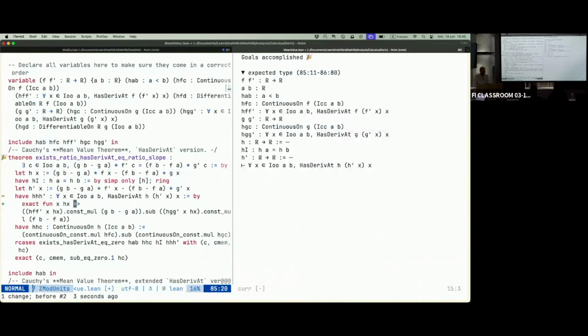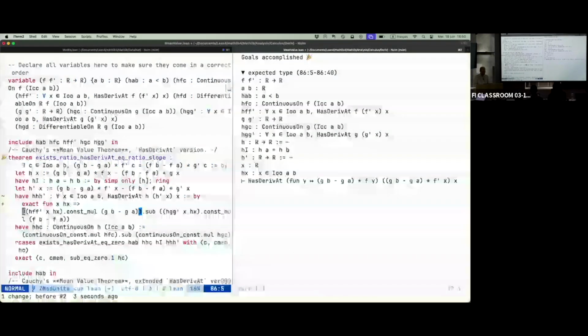But, okay, and now how would we prove that? Because there is another lemma, probably hff prime, that says here on the right that the function f prime, which exists here, is such that f prime x is the derivative of f at x.